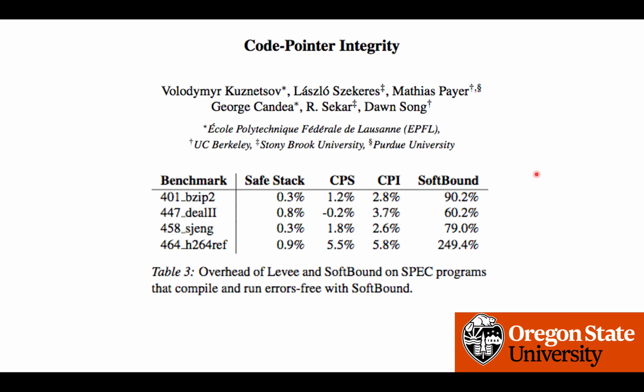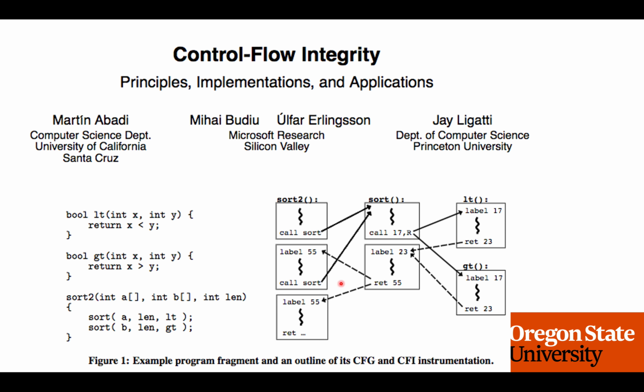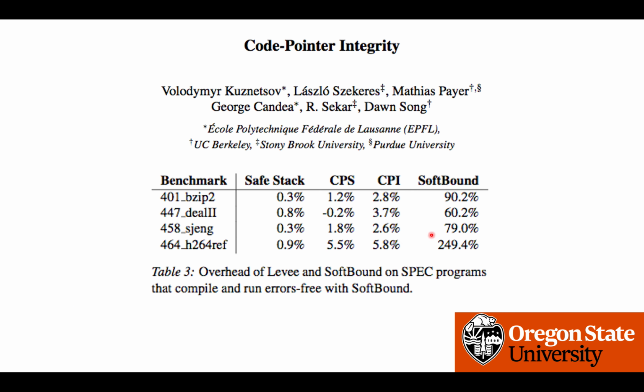Likewise, control flow integrity could miss some of the runtime variants in the legitimate control flow transitions, but in code pointer integrity, we don't need to care about that. It preserves the original value of the pointer, so it guarantees a stronger defense.